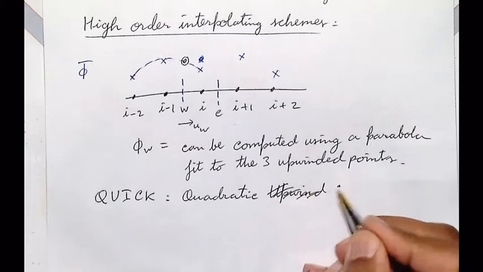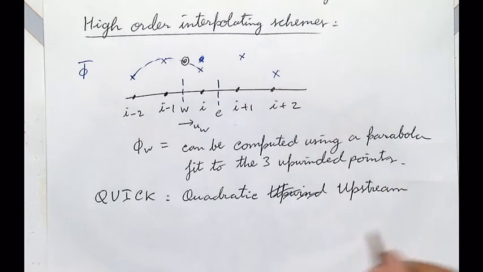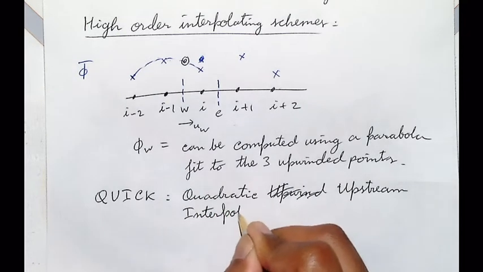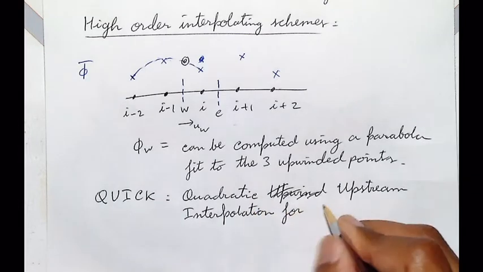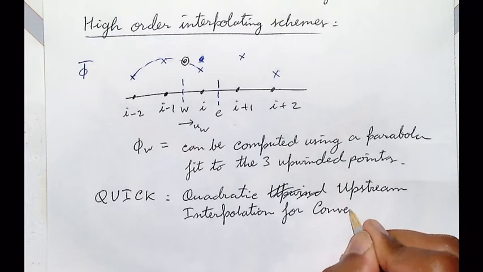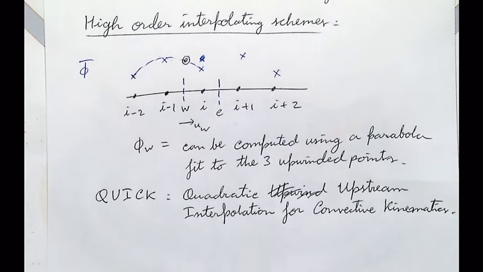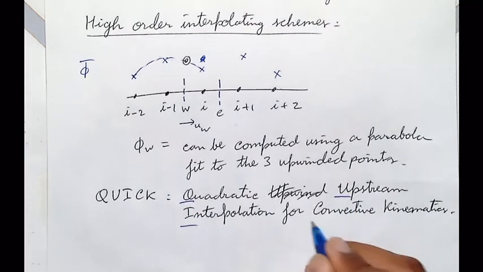Quadratic upstream interpolation for convective kinematics. And that's one very important thing you have to do when you do numerical work. You have to come up with cool names so people will use it, right? So you have Q, U, I, E.